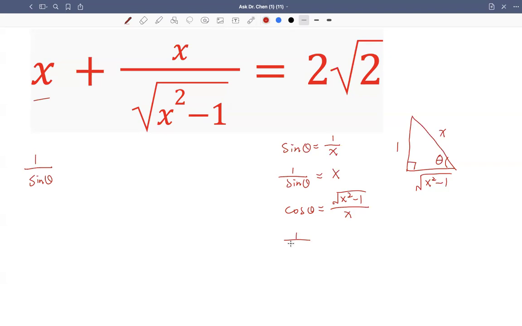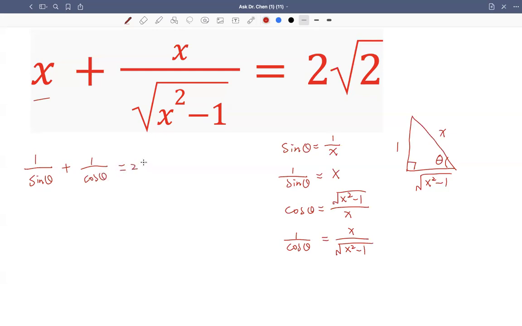If we flip the numerator and denominator, we have 1 over cosine equals x over the square root of x squared minus 1. So this term can be written as 1 over cosine theta.